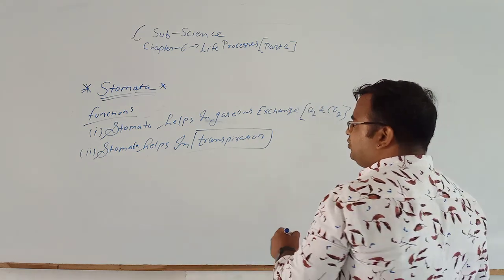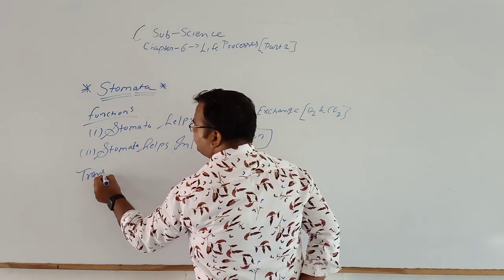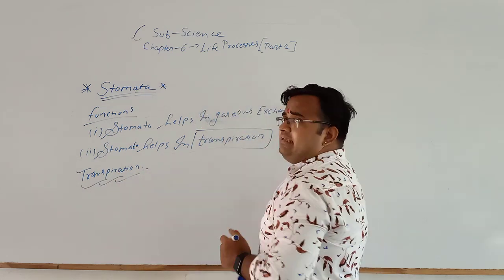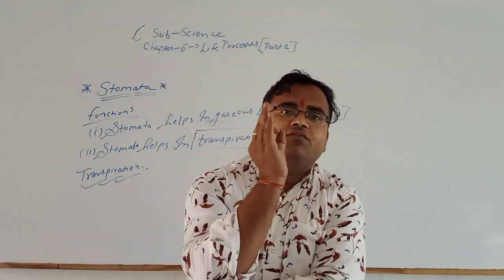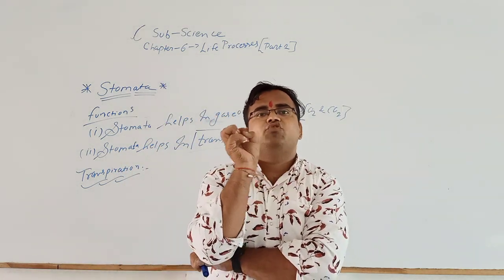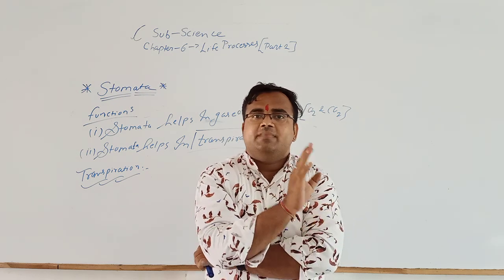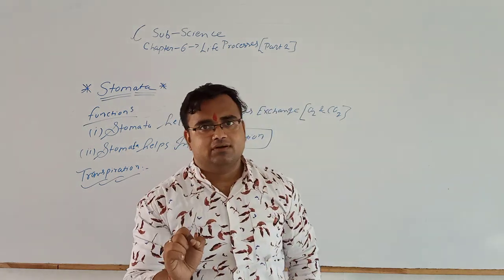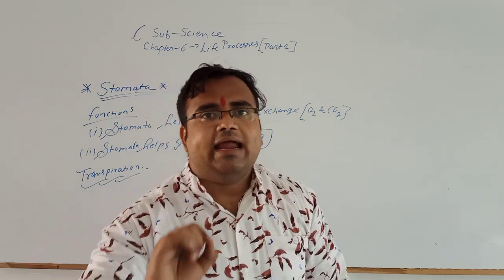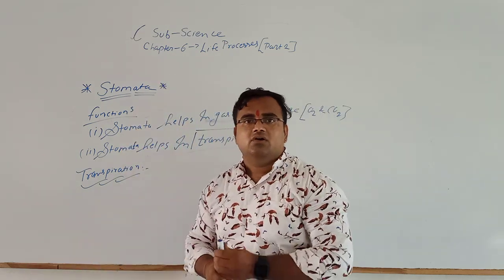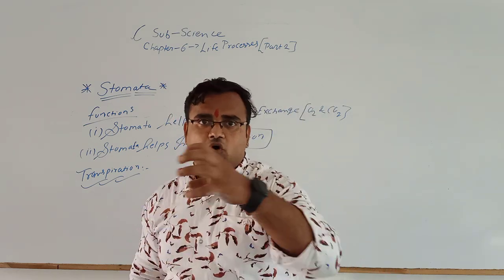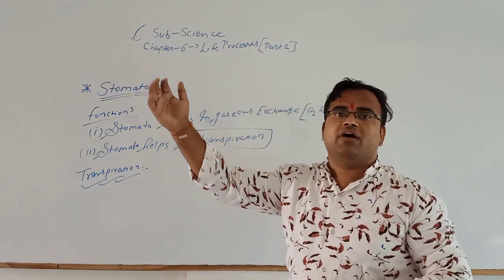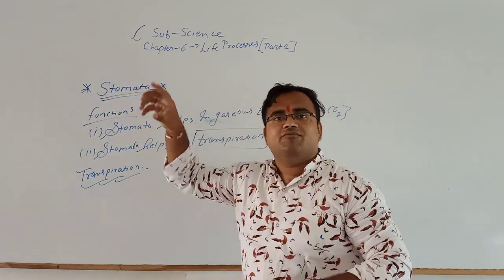What is transpiration? See, transpiration is when the roots of the plant absorb an excess amount of water, and that excess water is released into the environment in the form of vapor.